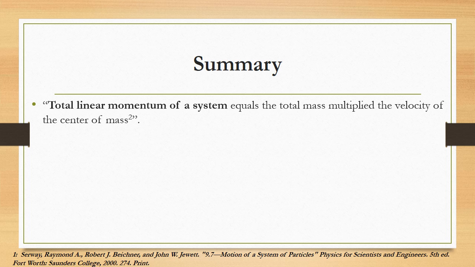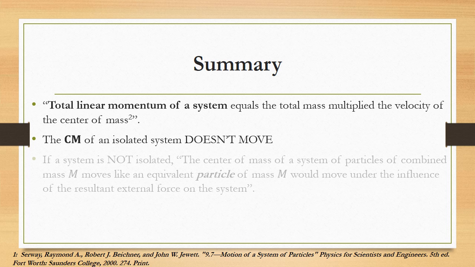Therefore, the center of mass had 0 velocity even after the push. That is a proof that momentum was conserved. The total momentum of the system was constantly at 0. We could also say the center of mass of an isolated system does not move. And remember, isolated system just means that momentum is conserved because there are no external net forces.